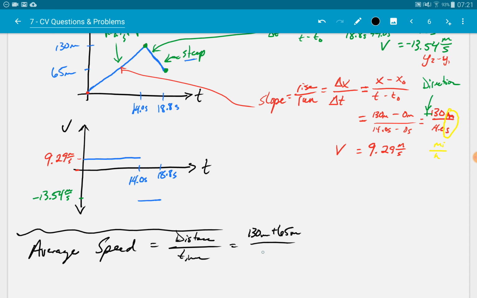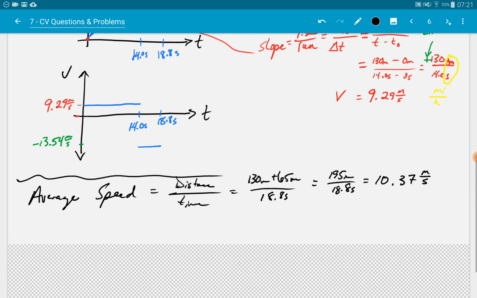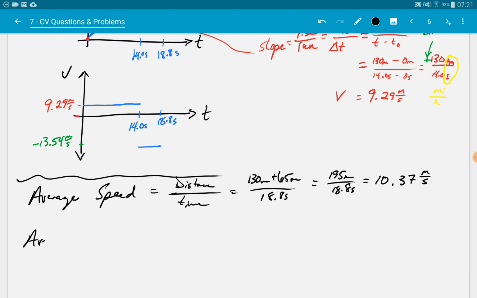Divided by the time it took to do that, 18.8 seconds. So now I grab my calculator and I get 195 meters over 18.8 seconds. And 195 divided by 18.8 gives me 10.37. And again, look at the units there, it's in meters per second. That's the average speed.